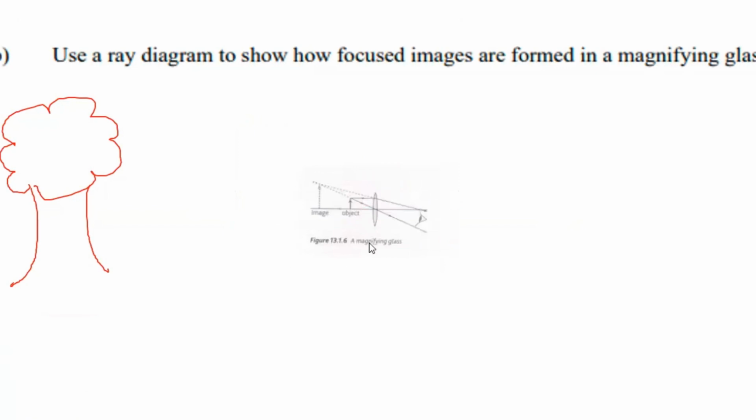Right, so this is technically what it looks like, just as I showed you. Your object has to be in front of your principal focus. Any object that is in front of the principal focus is going to produce a virtual image. And that is technically what we would be seeing, yeah? So if you can make note of that, that'll be good.